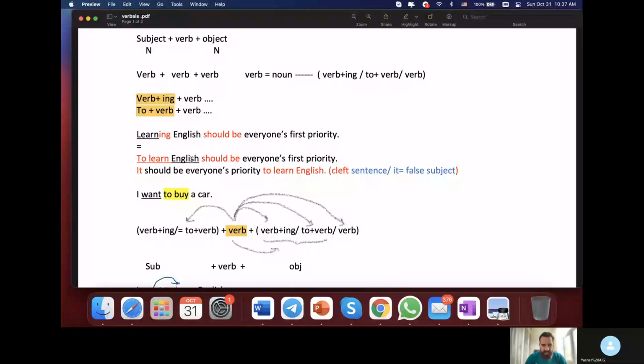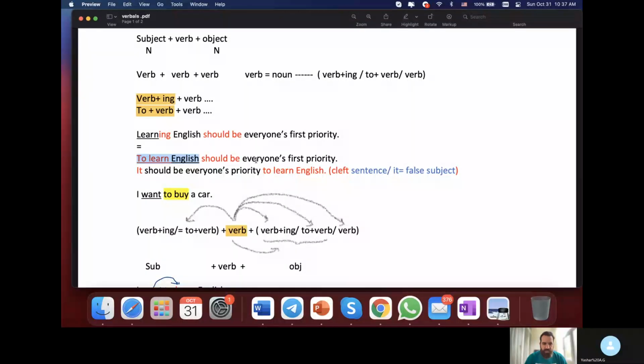This sentence is completely the same as to learn English should be everyone's first priority. But native speakers don't prefer to use this structure. They use either this structure or they take the subject, to learn English, and they give it, a pronoun it, which is called a false subject, and move this part to the end of the sentence.